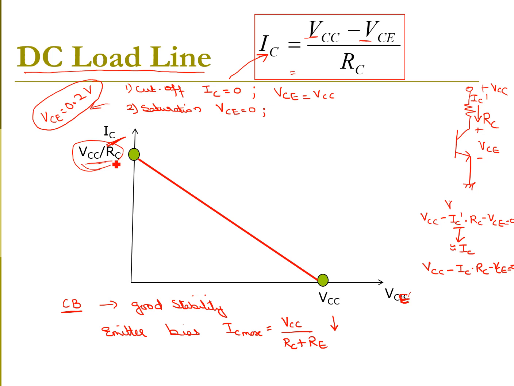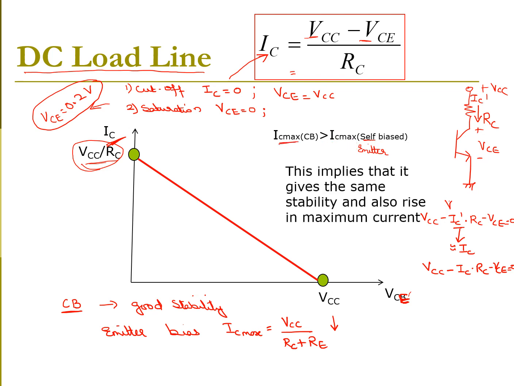So definitely if I compare it with self bias, which is nothing but emitter bias, IC max is greater over here. So therefore it gives the same stability as compared to emitter bias. Also, there is a rise in the maximum current level.